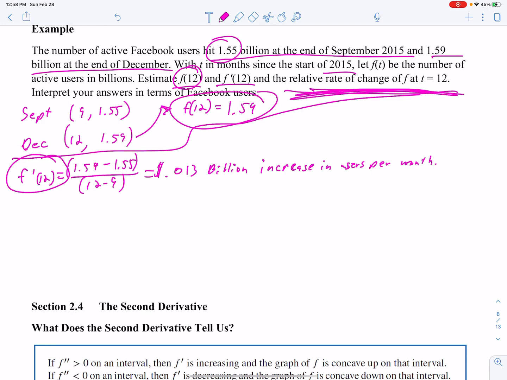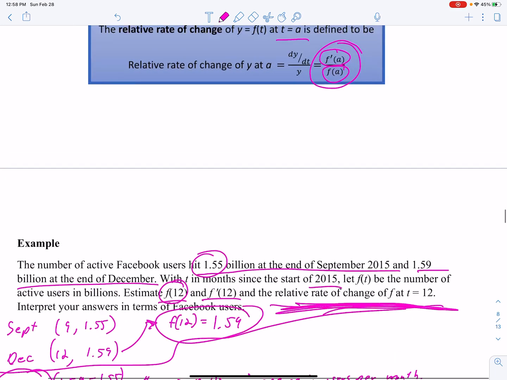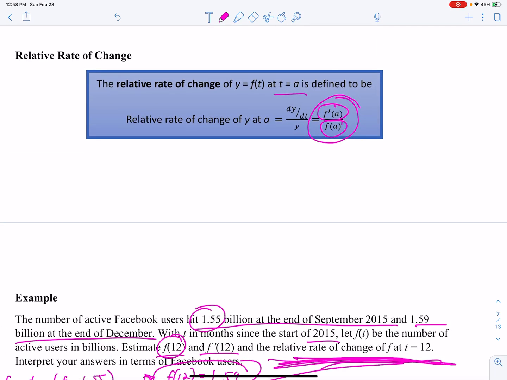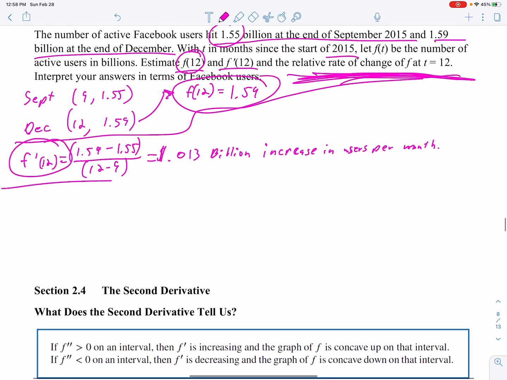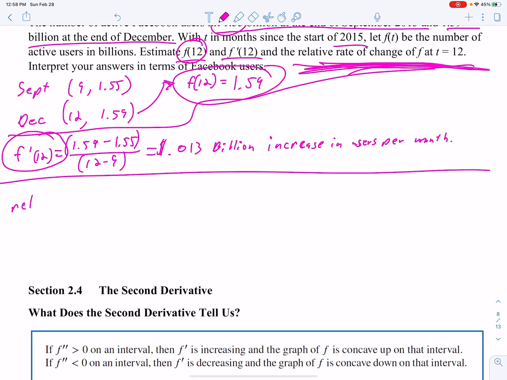Now they want the relative rate of change of f at t equals 12, which is that formula right up there. So relative rate of change equals f prime of a over f of a, which in this case, a is 12.